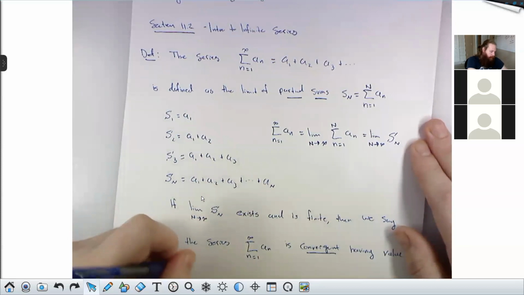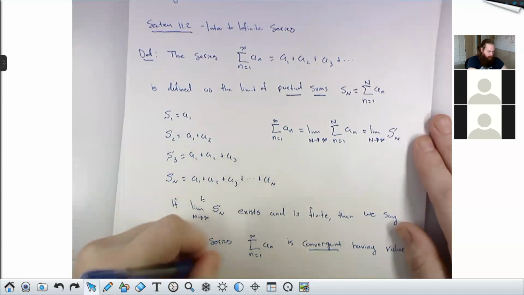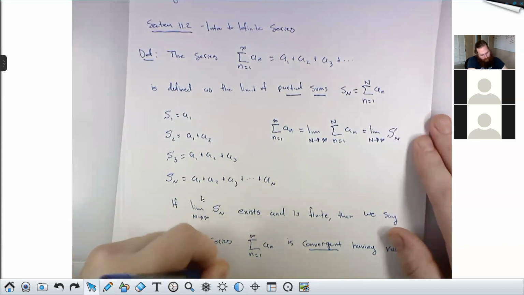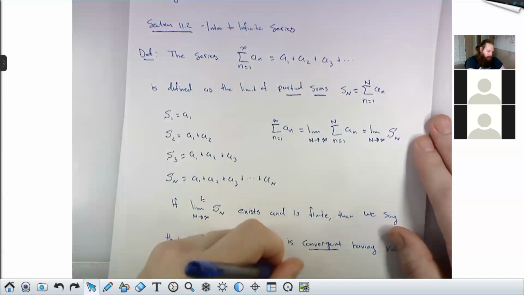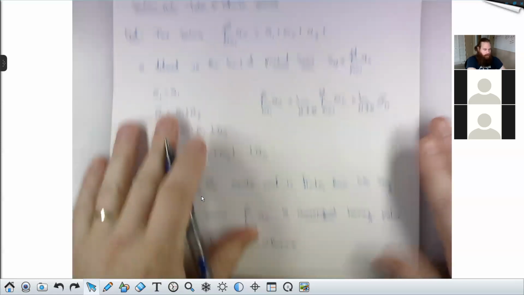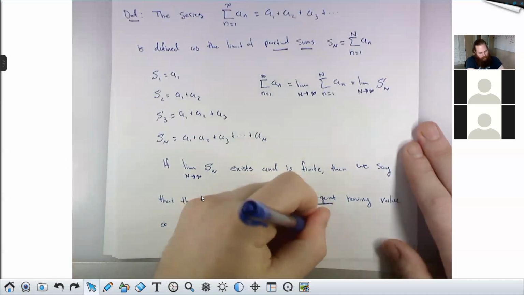Another word we use for the value of a series is the word sum, equal to this limit. Otherwise, we say that the series diverges.